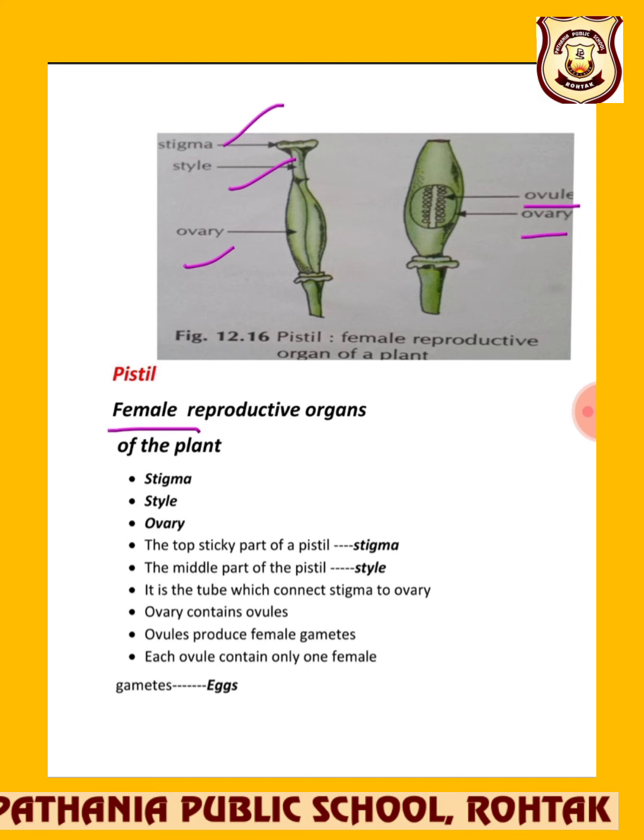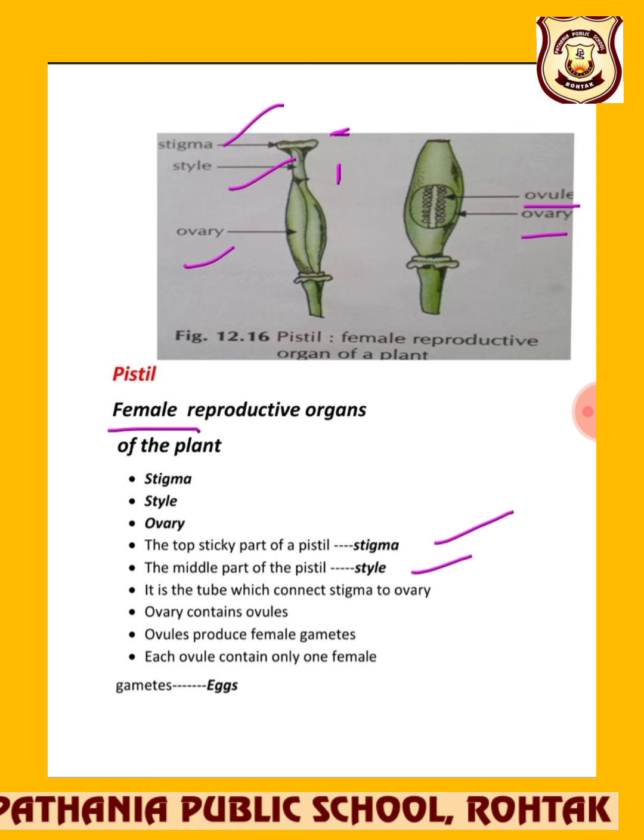So I'll read the topic now. The top sticky part of a pistil is called stigma. You can see the top sticky part, stigma, over here. The middle part of the pistil is style. You can see style, the very thin part. It is the tube which connects stigma to ovary.